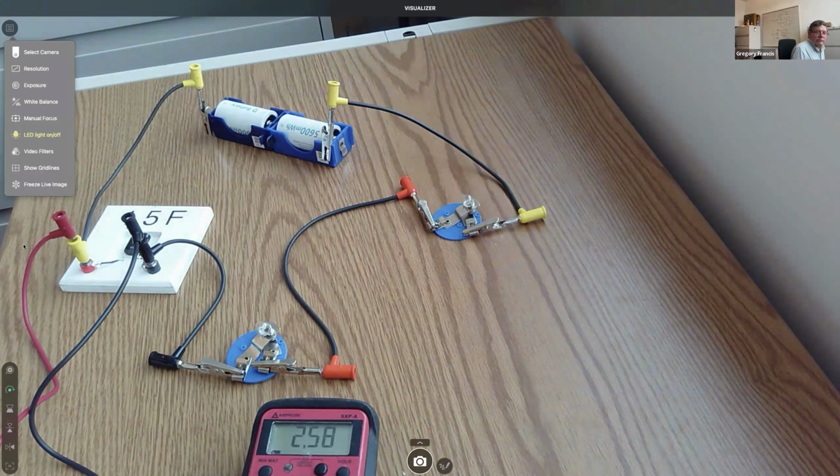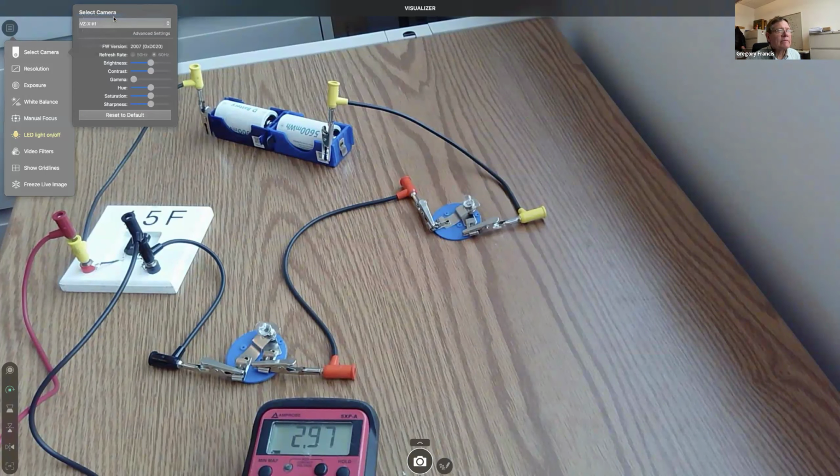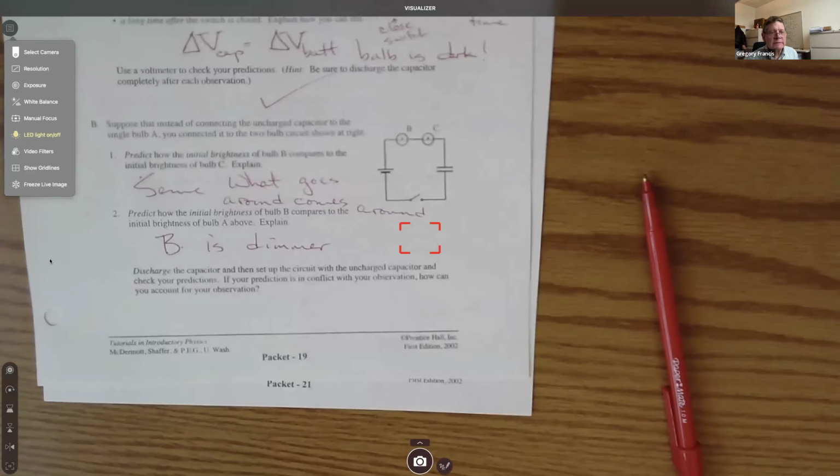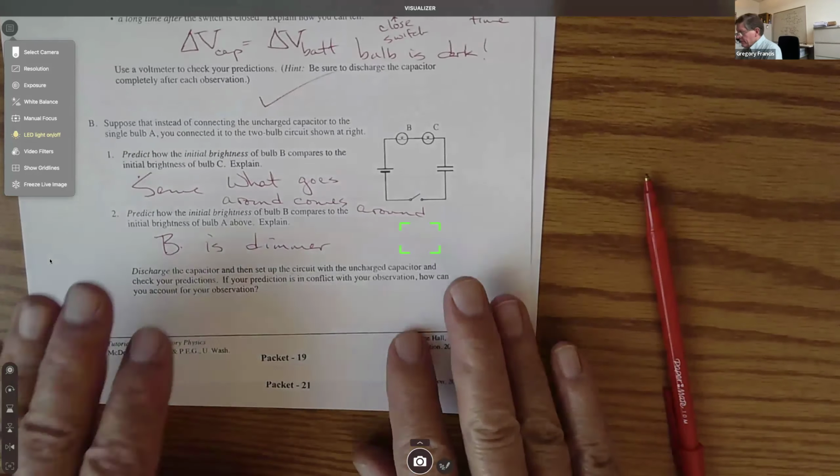And you see the voltage across the capacitor is quickly going up to the voltage across the battery. And sure enough, we're almost there. And there we go. Well, that worked.